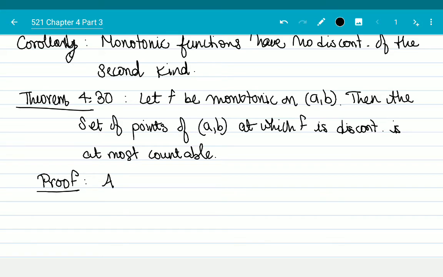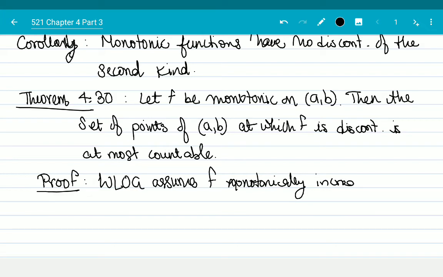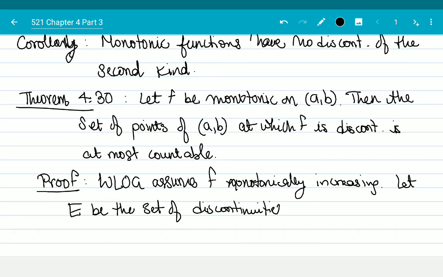Assume, without loss of generality, f monotonically increasing. Let E be the set of discontinuities.